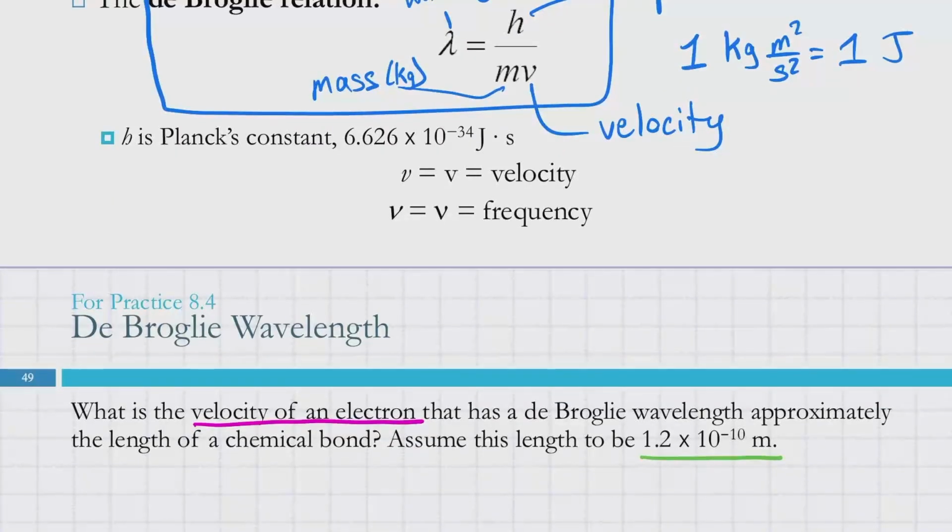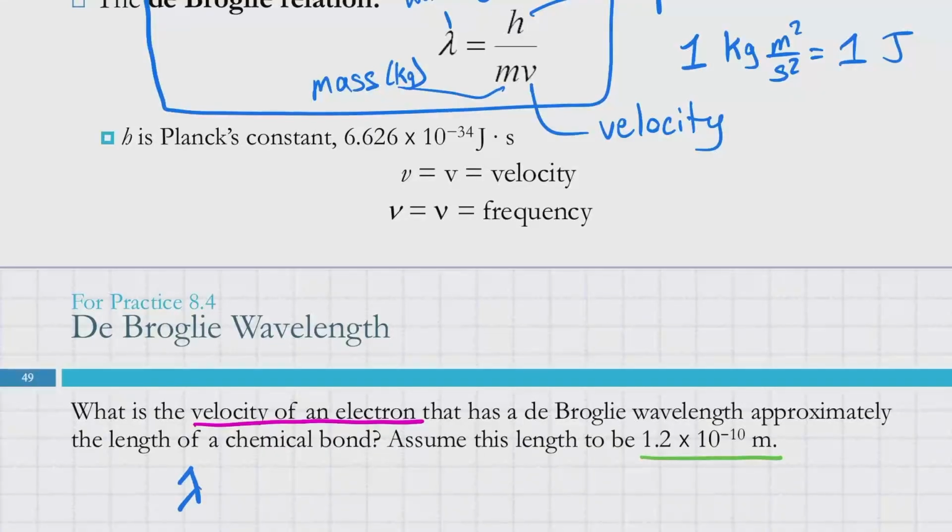We're assuming that length is 1.2 times 10 to the minus 10 meters. I believe for this one we also need the mass of an electron, which Google is kind enough to provide to me.